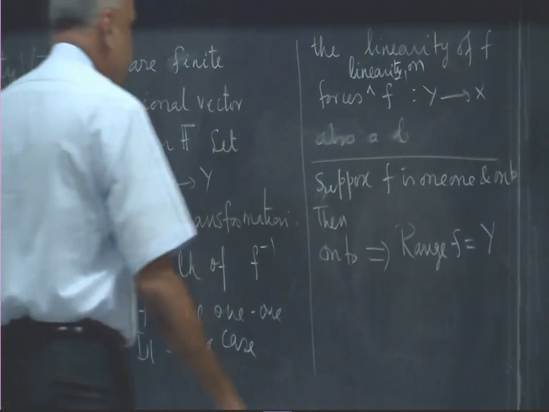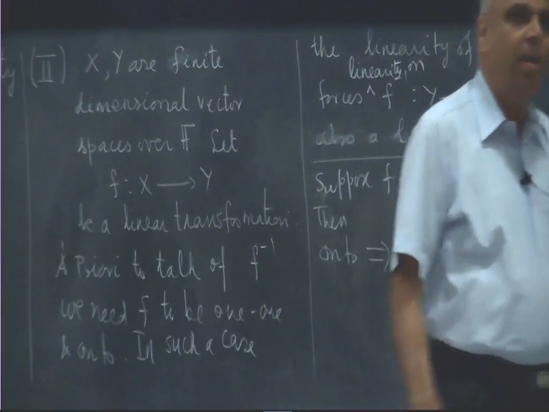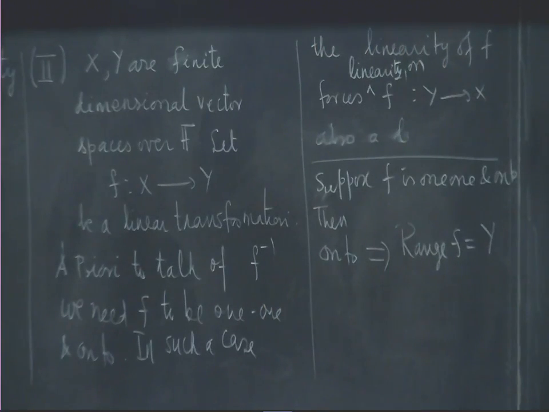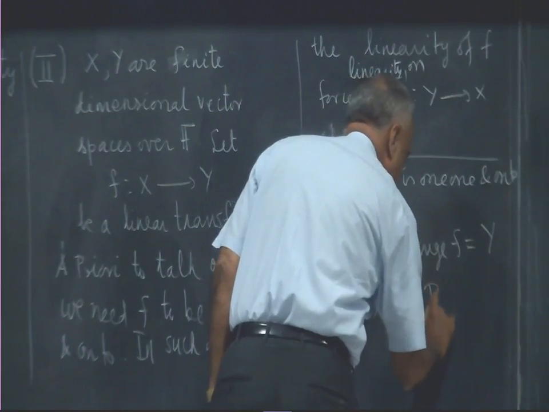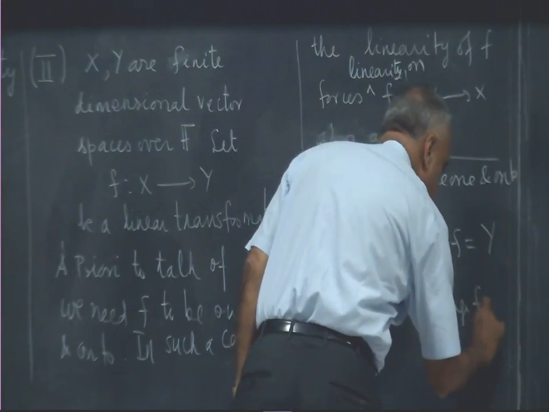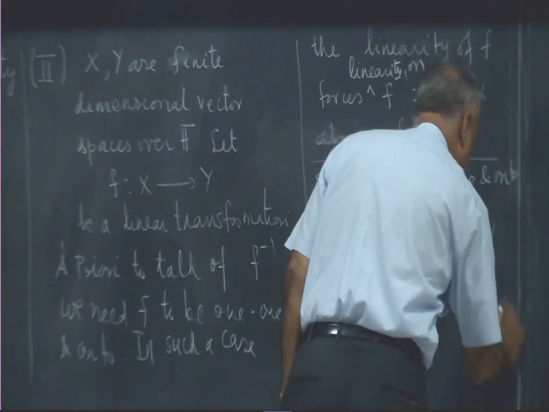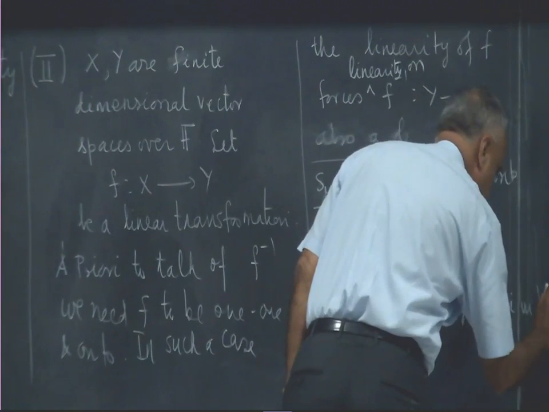But the dimension of the range of F is called the rank of F. So that says the dimension of the range of F is equal to the dimension of y.